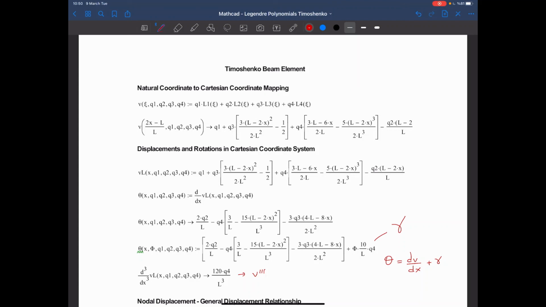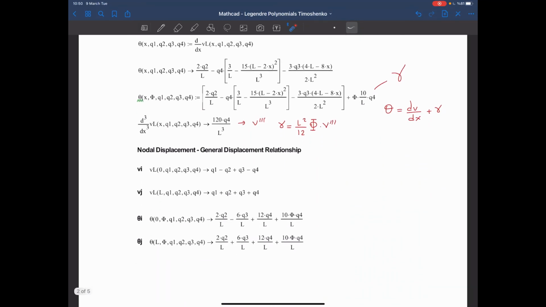And remember that we said that shear deformation is equal to L square over 12 parasitic shear multiplied by the third derivative of the transverse deformation. So if you just put this into here, we obtain this value 10 over L Q4. And this total equation is for the rotation interpolation.